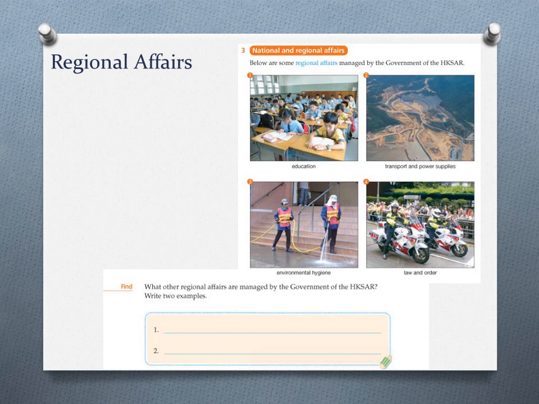Now, all these things the Hong Kong government is responsible to take care of. That is the special freedom that we have.